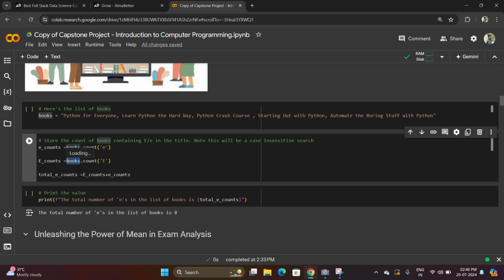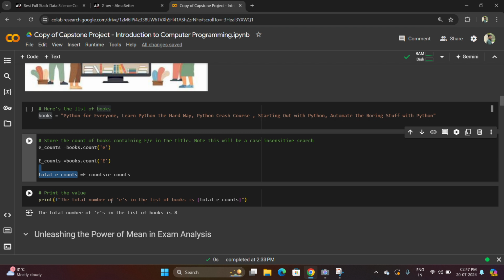Okay. So now total e counts is equal to this small e plus this capital E. That means if this is 1 and this is 3, we will be getting 1 plus 3. So here we are counting both the uppercase and lowercase e's and storing in total e counts, and we are printing the value.